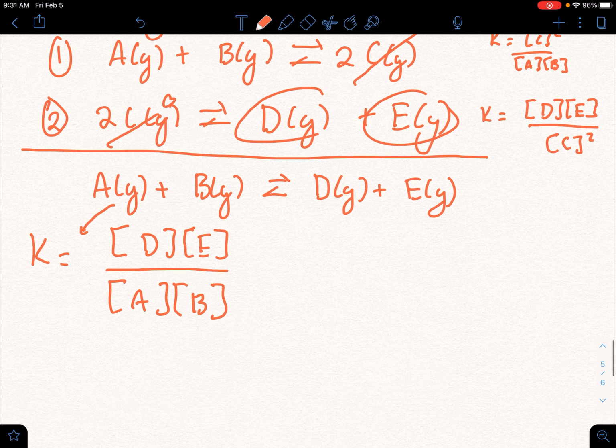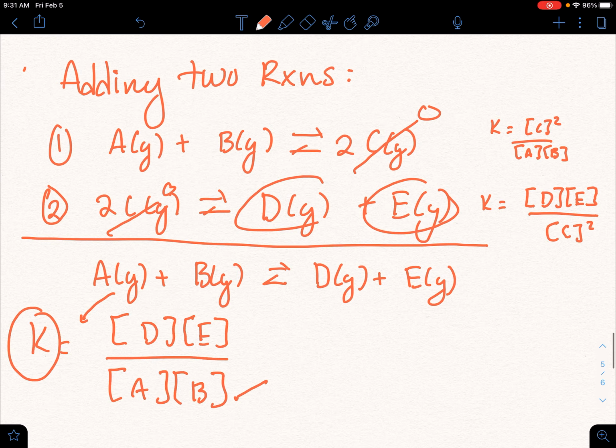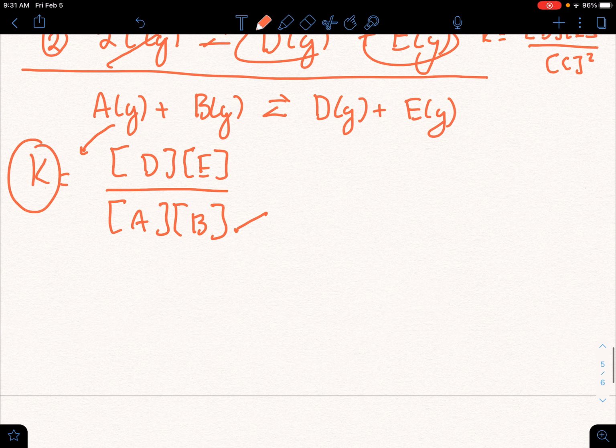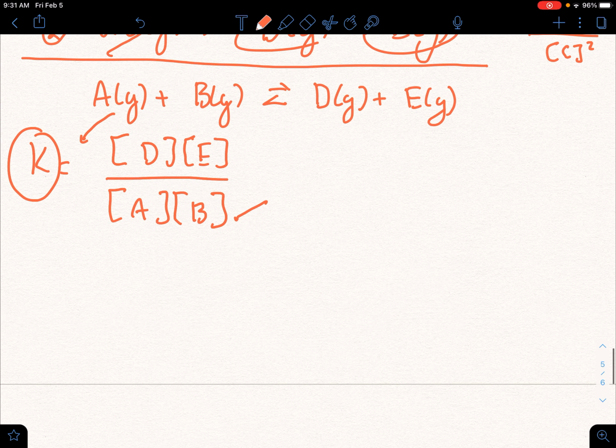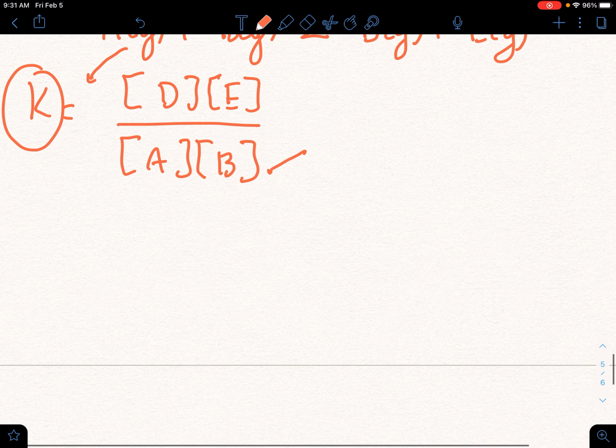So how does that relate to the general K value, right? This K value, because this doesn't look like those. Whenever you're adding reactions together, you want to multiply their Ks. So it's a little different than Hess's law, but adding means multiplying. Mathematically, I can prove this.